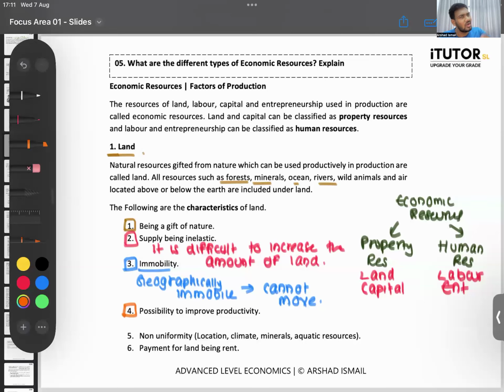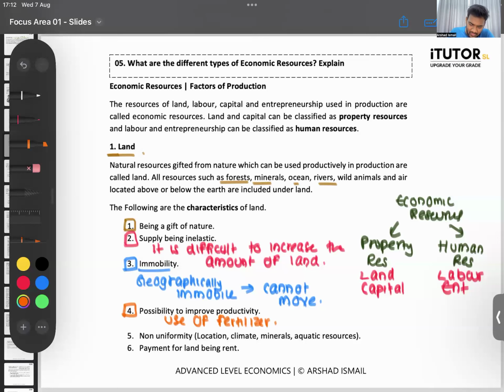From the same tree, how are they getting more fruits? They're using fertilizer, chemicals, pesticides. So you can improve productivity that way.